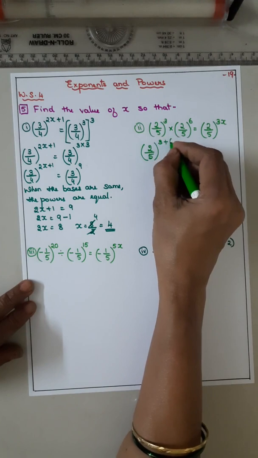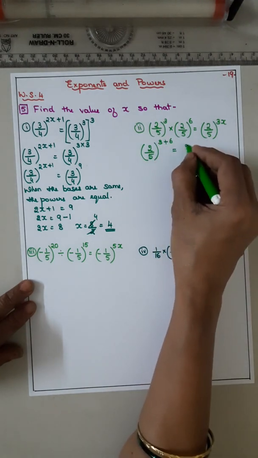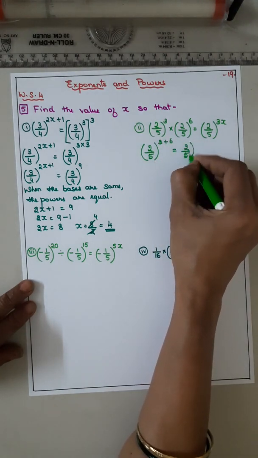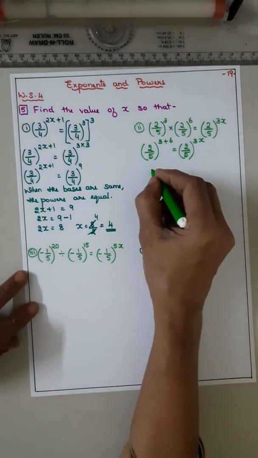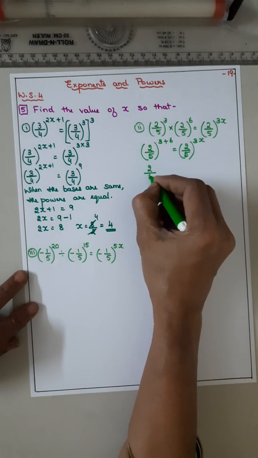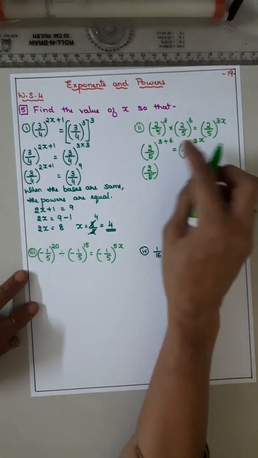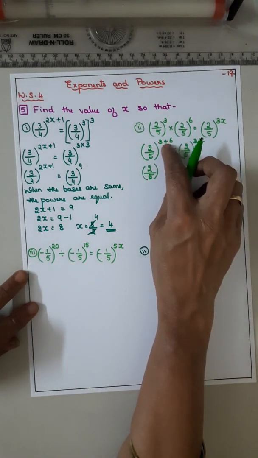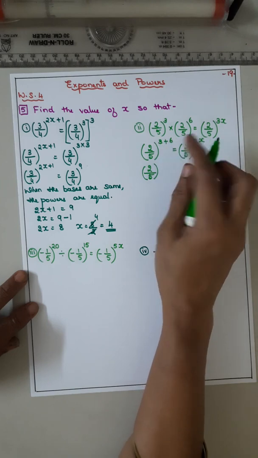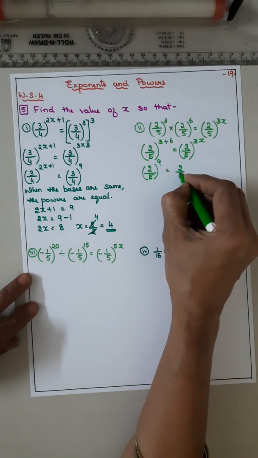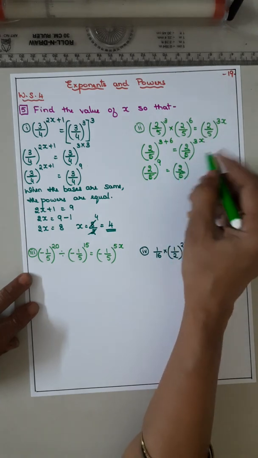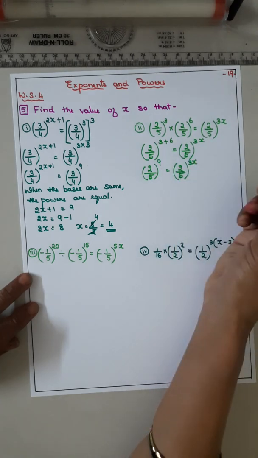Add the powers. So (2/5) raised to 3x on the RHS. LHS becomes (2/5) raised to, how much is it? 9 is equal to (2/5) raised to, on the right side, the power is 3x.